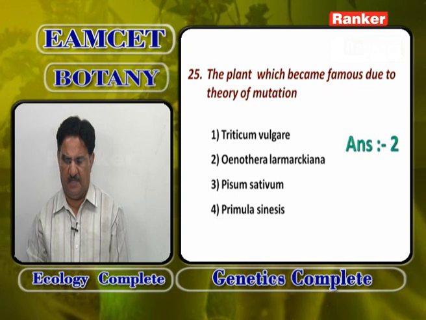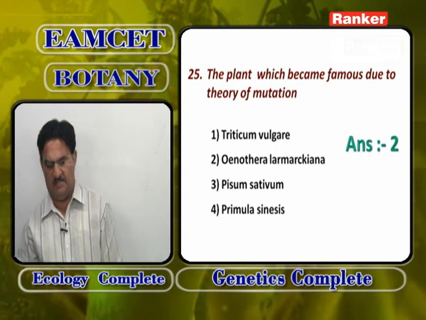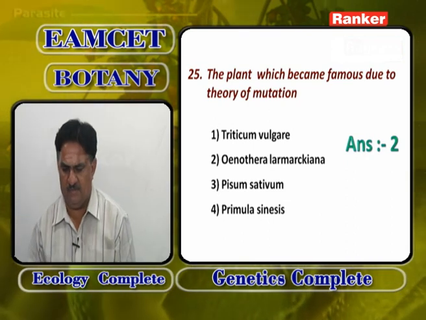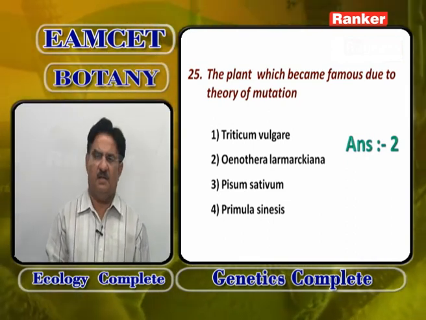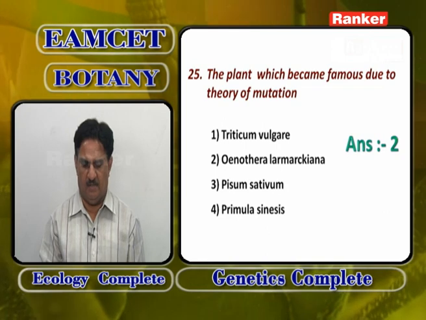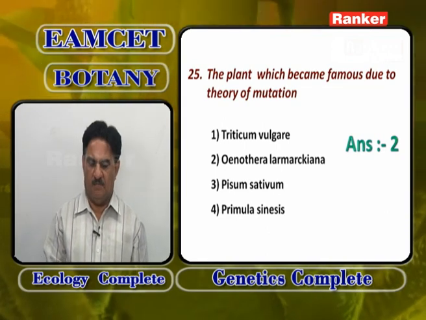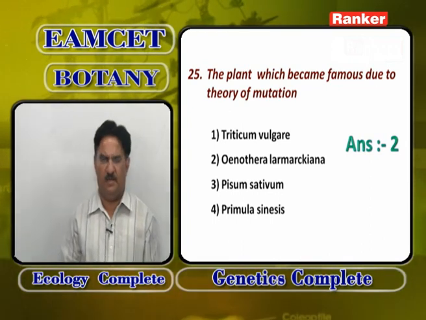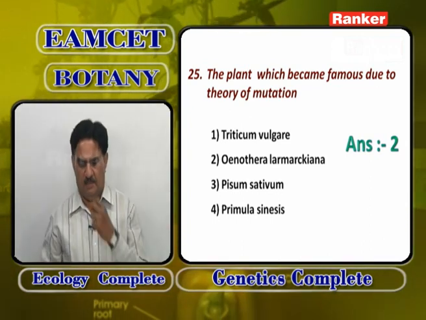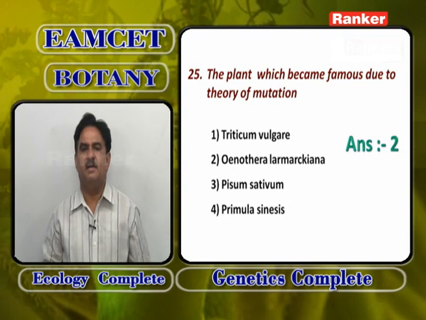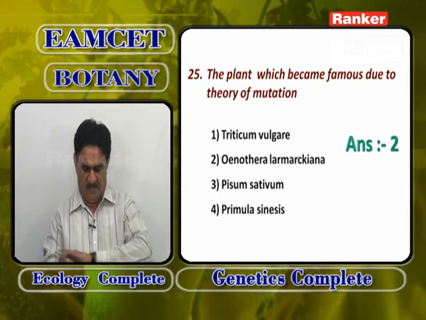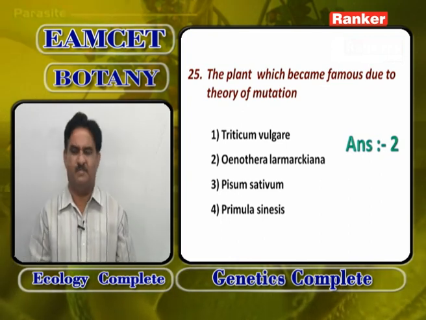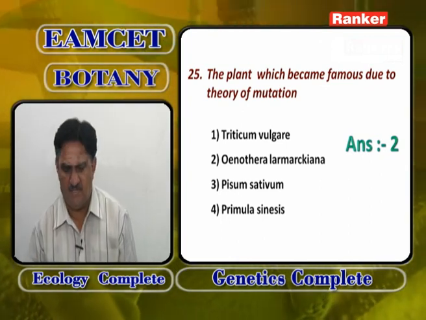The plant which became famous due to the theory of mutations is not Triticum vulgare, wheat, and not Pisum sativum. Pisum sativum is made popular by Mendel's laws of inheritance, monohybrid cross, dihybrid cross. Primula sinensis is also wrong. Oenothera lamarckiana, the evening primrose plant, became very famous due to the theory of mutations.